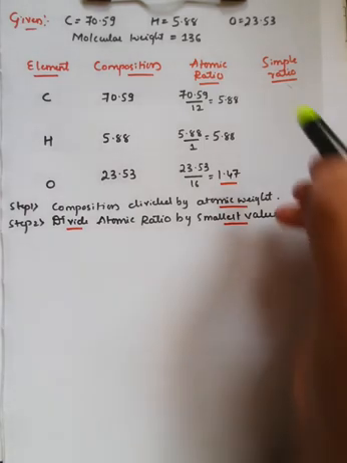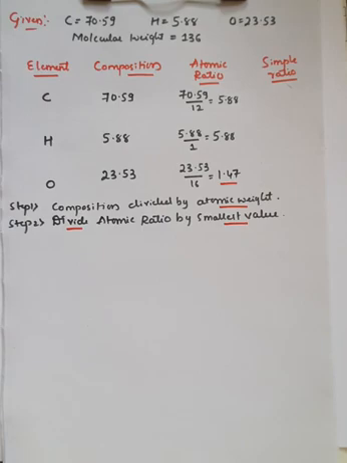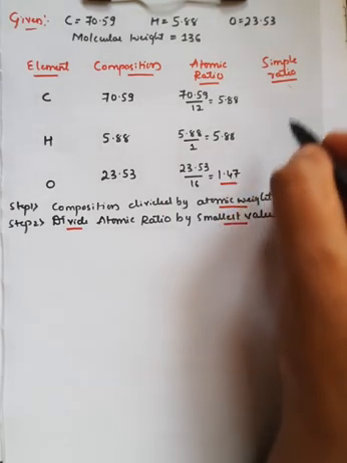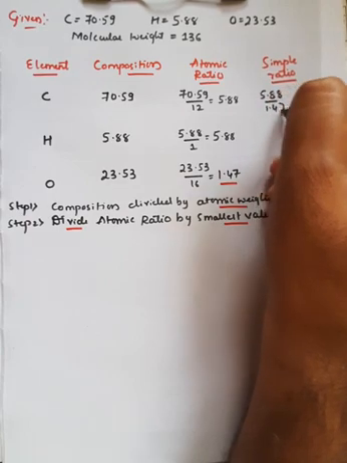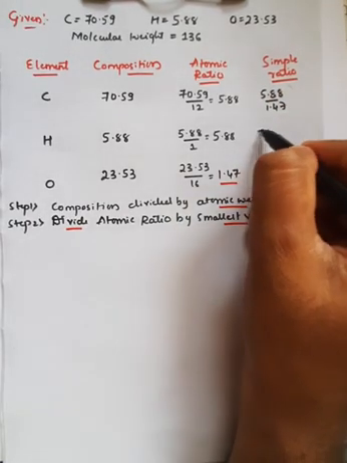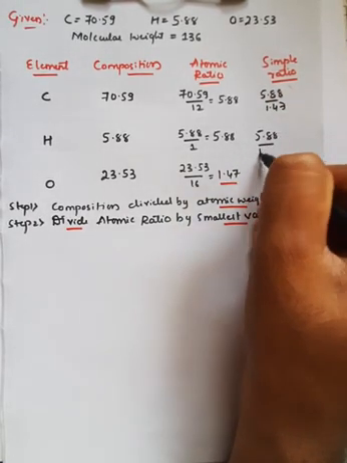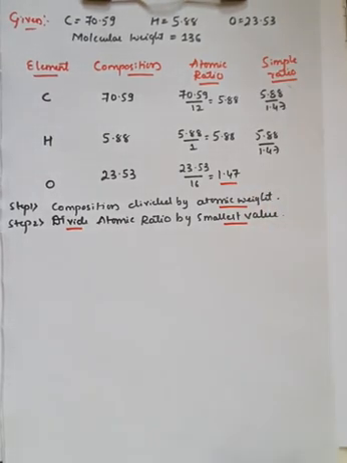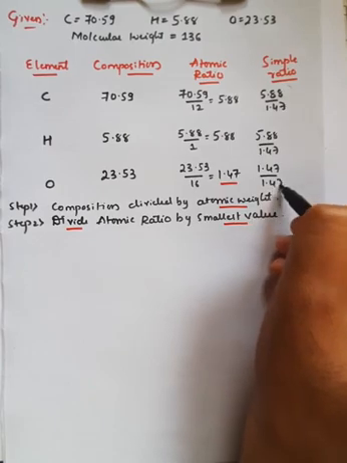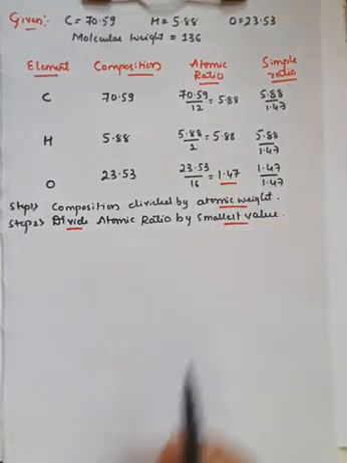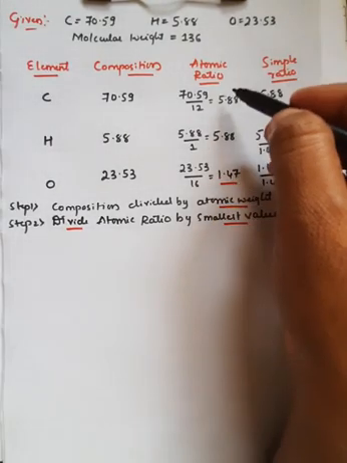That is 5.88 divided by 1.47, similarly 5.88 divided by 1.47, and similarly 1.47 divided by 1.47. The last one is divided by itself because it is the smallest value out of these 3 values.